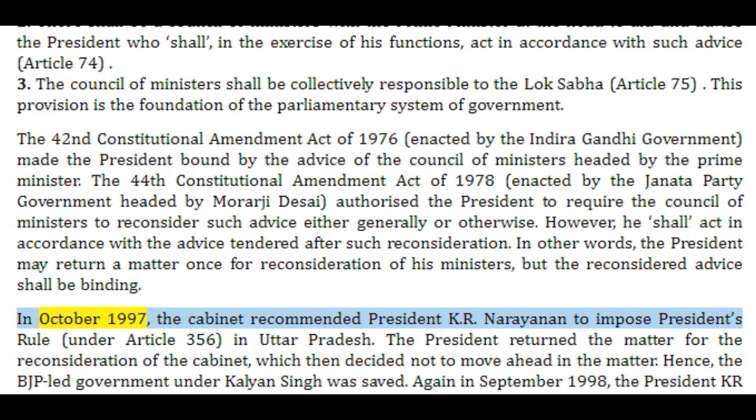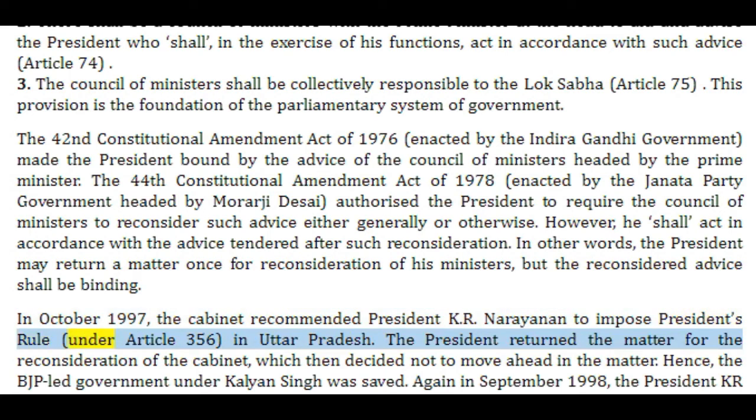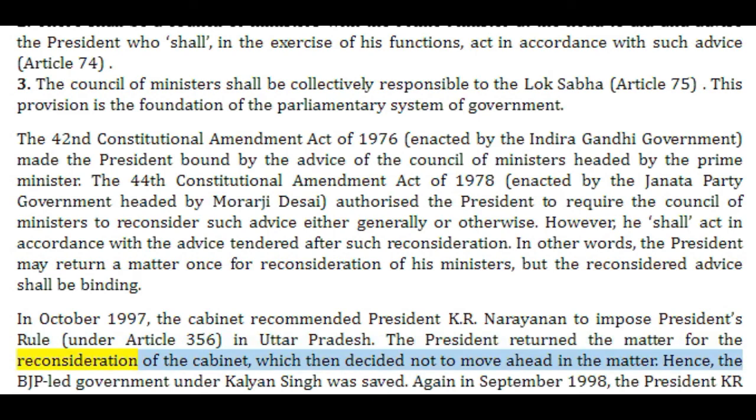In October 1997, the Cabinet recommended to President K.R. Narayanan to impose President's rule under Article 356 in Uttar Pradesh. The President returned the matter for the reconsideration of the Cabinet, which then decided not to move ahead in the matter. Hence, the BJP-led government under Kalyan Singh was saved.